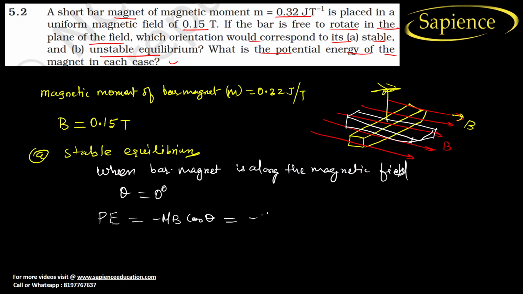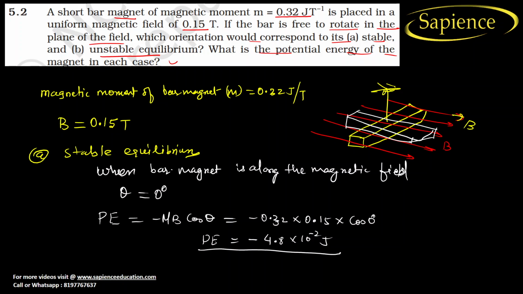So minus m, which is 0.32, into B, which is 0.15 Tesla, into cos theta, that is cos 0 degree. So while doing this, we will have minus 4.8 into 10 to the power minus 2 joule, right? So this is the potential energy when it is in stable equilibrium.